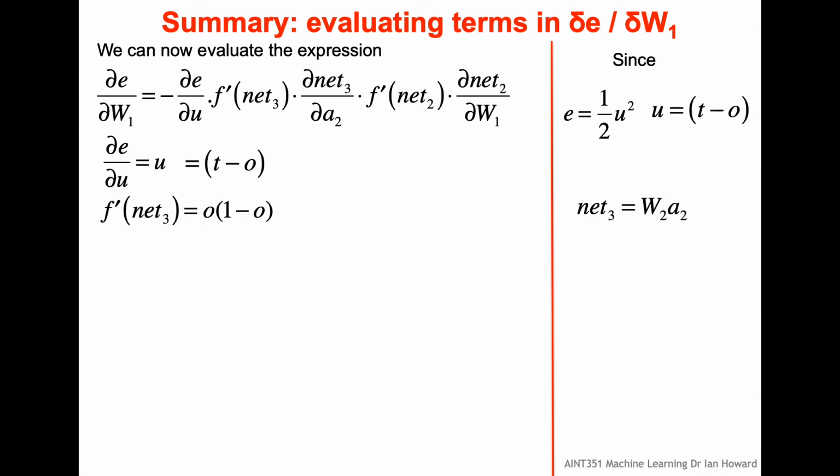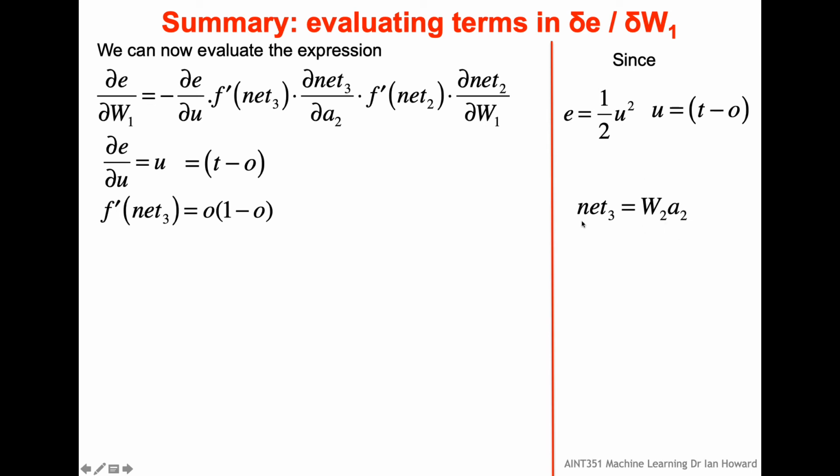We know that now, let's tackle the next part, which is going to be the dnet3/dA2, right? So basically this is looking at how the linear output of the output stage changes with respect to the activation coming in from the lower level. So net3 we know equals W2 A2, right?